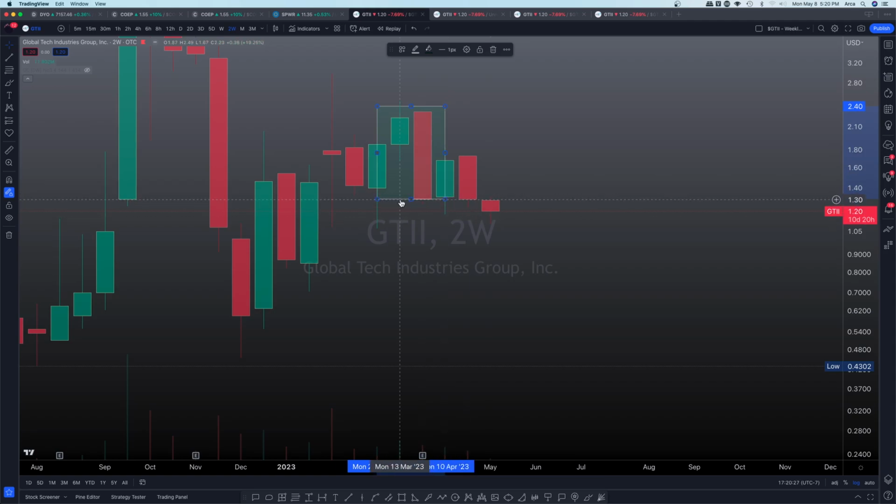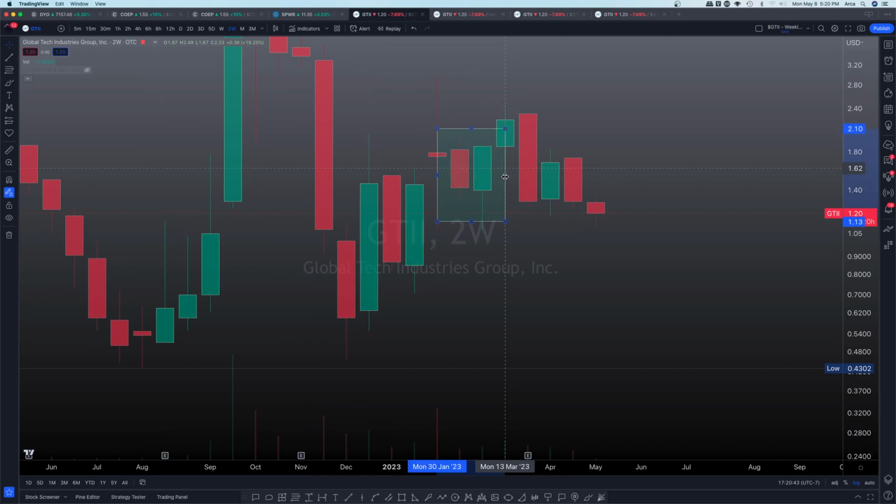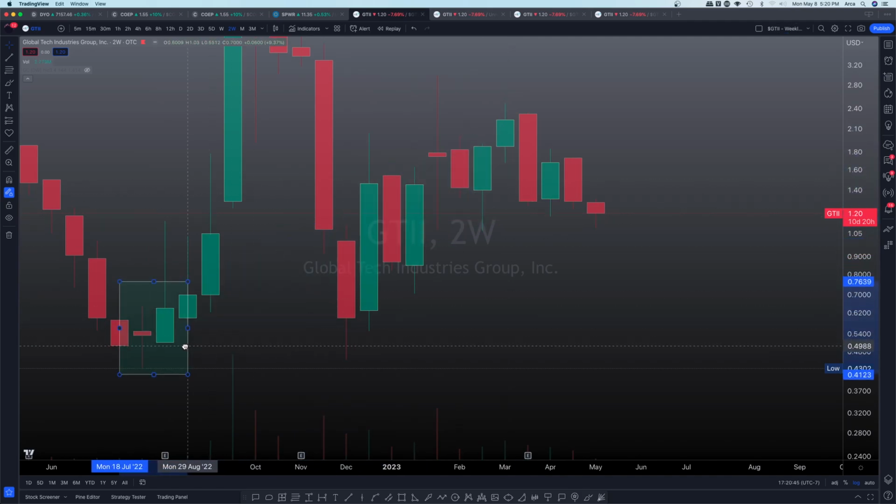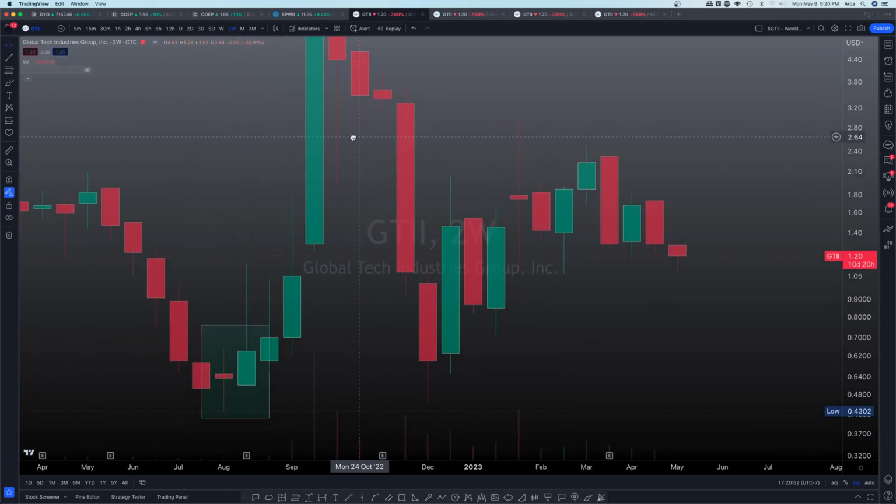Okay, so I would just have to keep an eye on things like this, right? Please notice here that this was a bullish engulfing, and we definitely got that upside from it. So it is looking like GTII is respecting some of this candle analysis. Please notice right down here, this is a bullish engulfing right before we got that massive upside continuation to about $9.